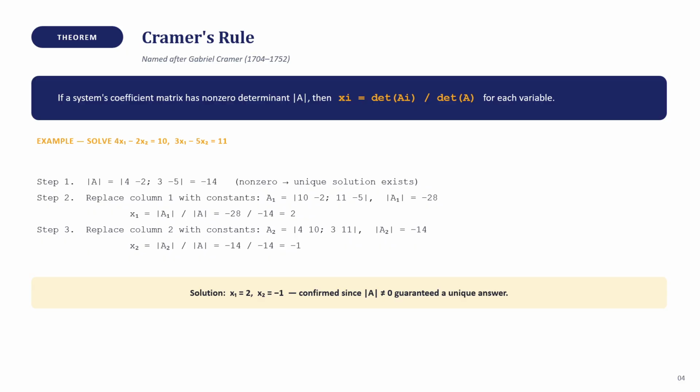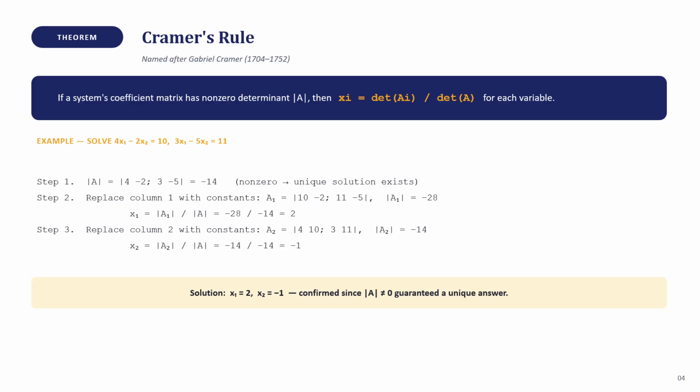For our next theorem, we have Cramer's rule. If a system's coefficient matrix has a non-zero determinant A, then x sub i is equal to det A sub i over det A for each variable. So if you try to solve 4x sub 1 minus 2x sub 2 equals 10, and 3x sub 1 minus 5x sub 2 equals 11.